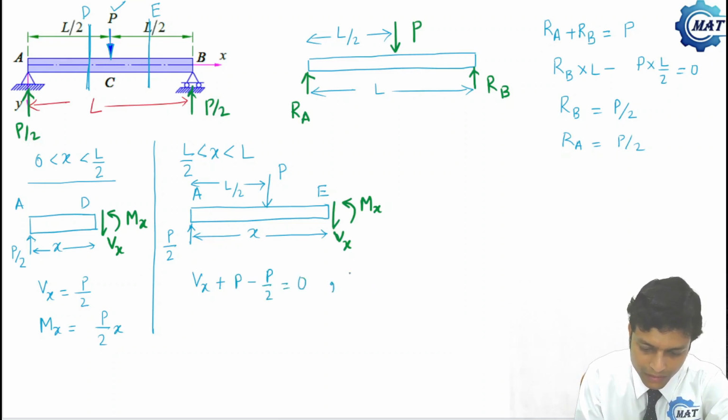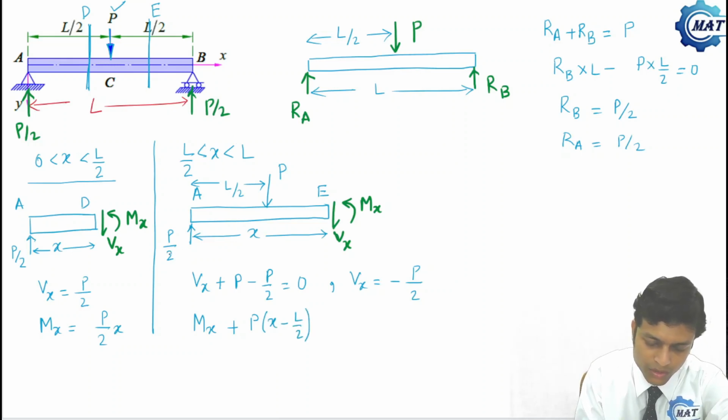That is, Vx is minus P by 2. What about Mx? Mx plus P into the distance x minus L by 2, and this force is P by 2, which is the opposite sense of moment.